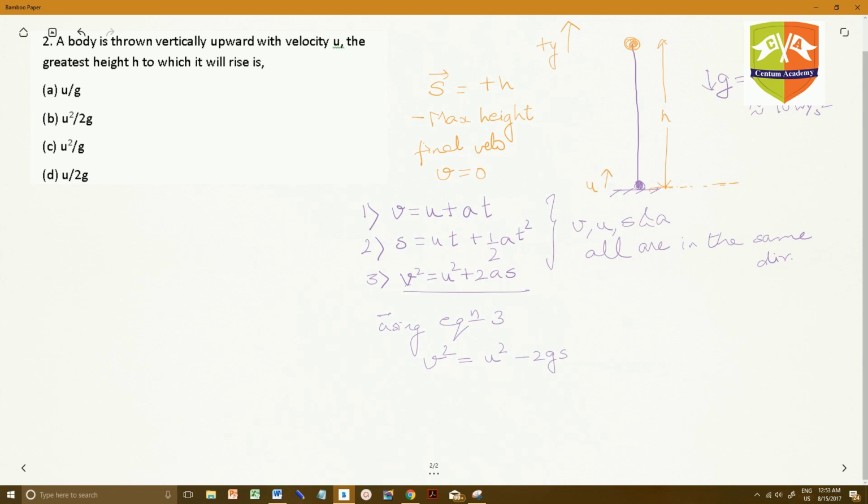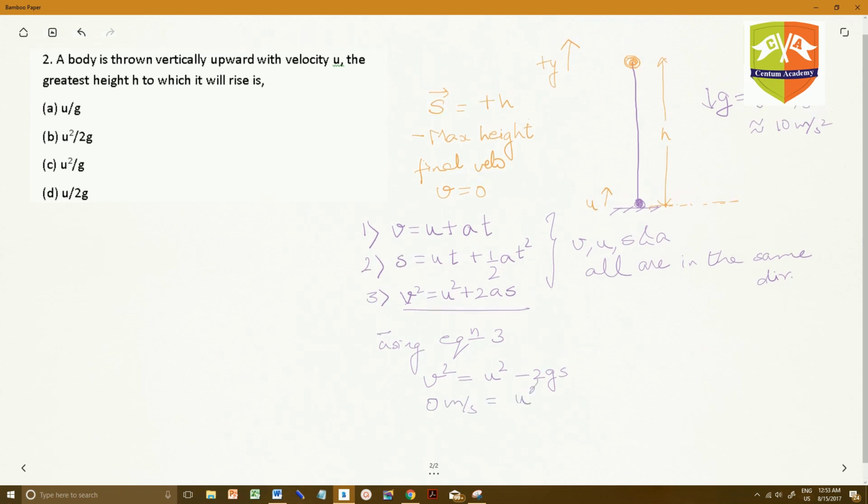Now let's put in the values. So 0 is equal to u square minus 2g into h, where h is the height to which the body goes.